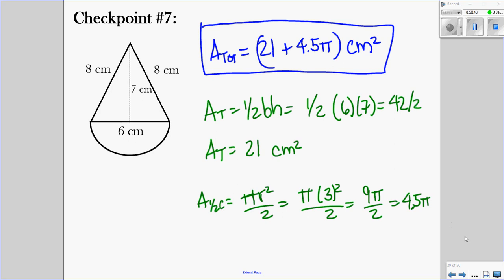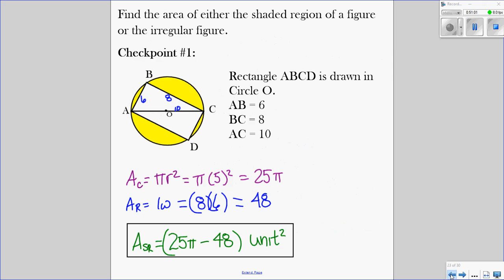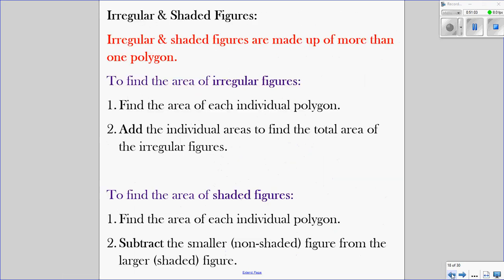All right, there was a lot to digest. Since this is part 2, from part 1 we learned about the formulas for areas of each shape.